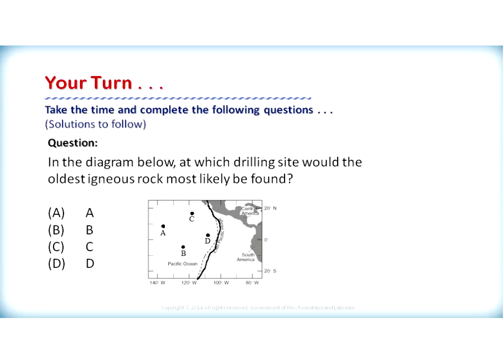We also noted that the farther we travel away from a ridge, the older that the ocean floor becomes. So if we want to find the location of the oldest ocean rocks found on the ocean floor, it will be the farthest point away from the ridge. So in this case, our answer would be A.